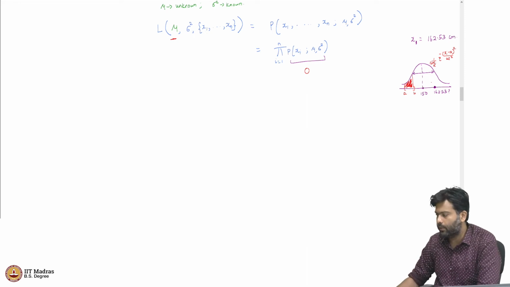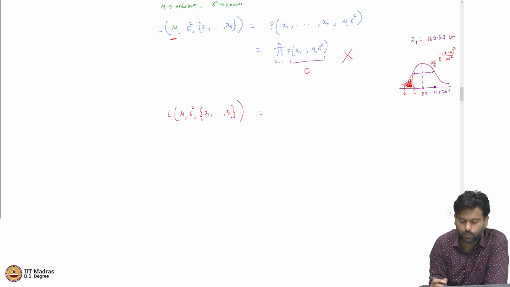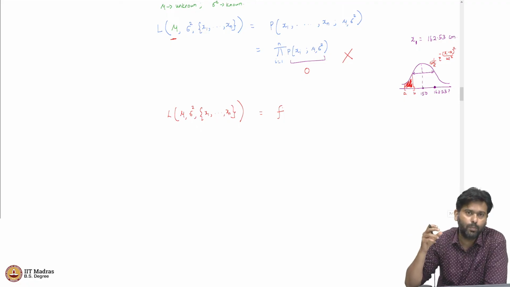So, Fisher's proposal was to not use the probabilities, and instead define the likelihood of the parameter in this case as not the product of the probabilities, but instead the product of the value that these observations take as given by the PDF of the distribution that generates the data, right.